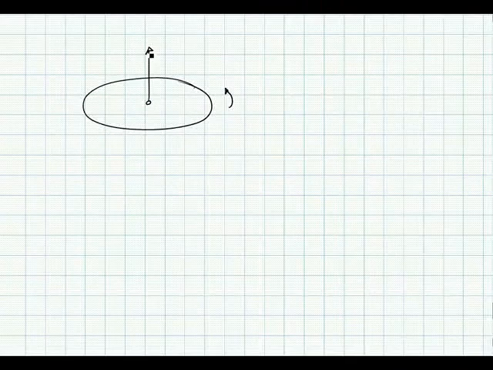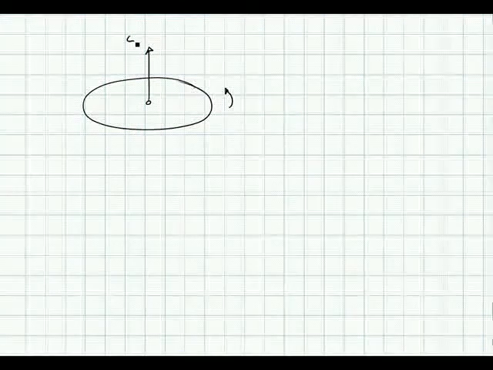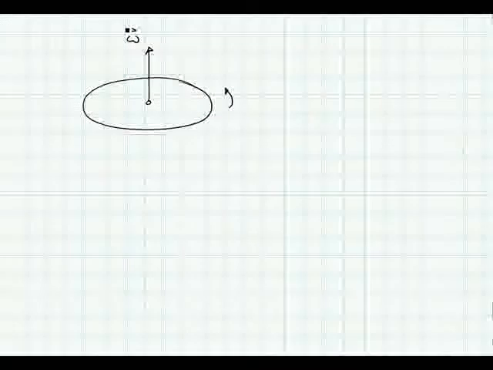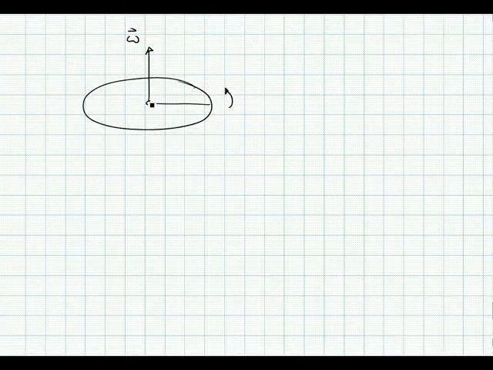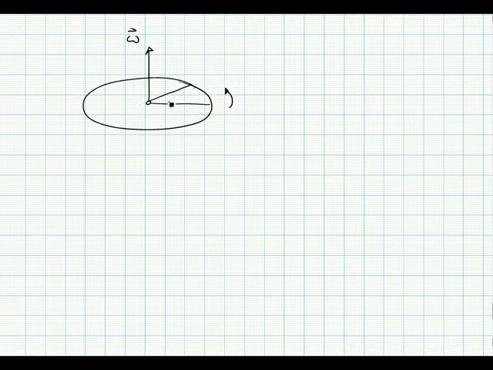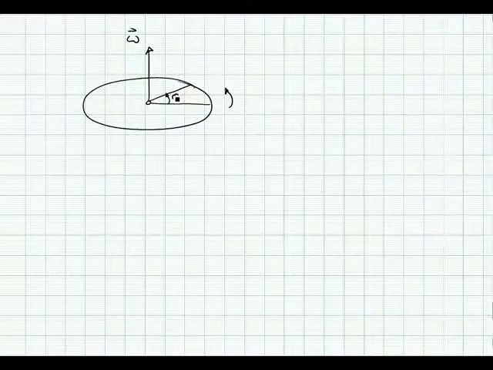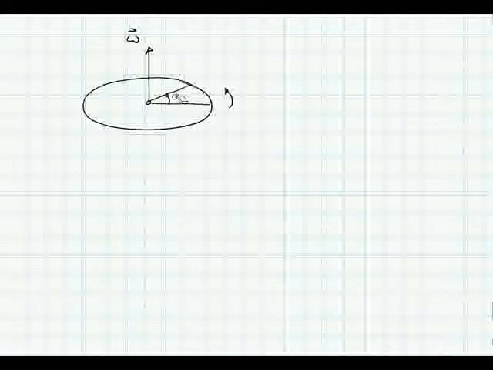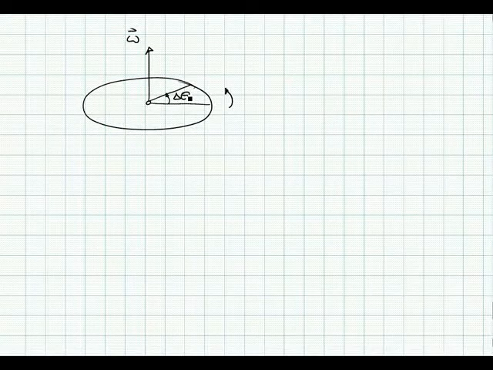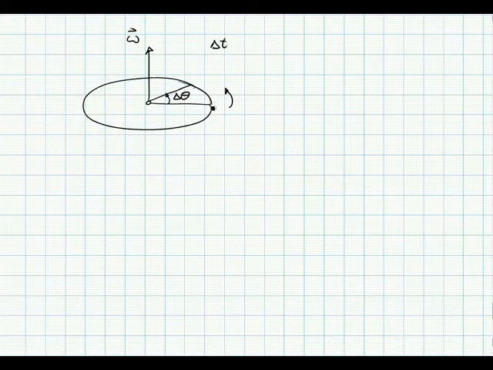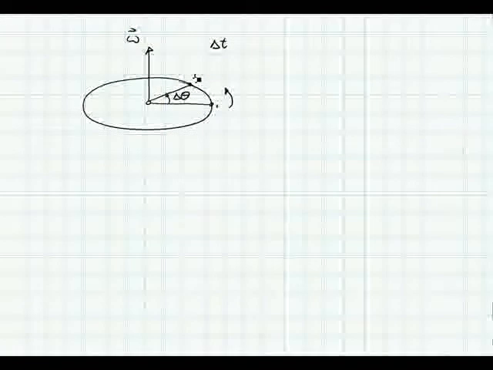So we know that the angular velocity vector is pointing up, and say that it gets displaced by angular displacement delta theta in some time delta t. So over a period delta t, the displacement is delta theta from initial position to final position there.